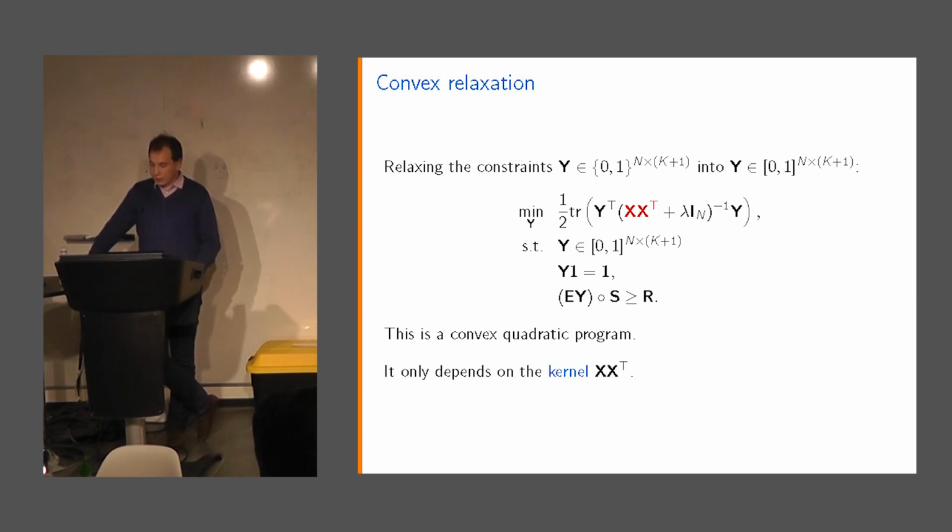The other interesting thing about that formulation is the fact that it only depends on the kernel matrix XX transpose. And so basically, instead of taking a linear classifier, you could use any kernel that you want. And actually, in the field of relation extraction, a bunch of kernels based on dependency trees have been used, and so it would be possible to use this kind of kernel in that case.